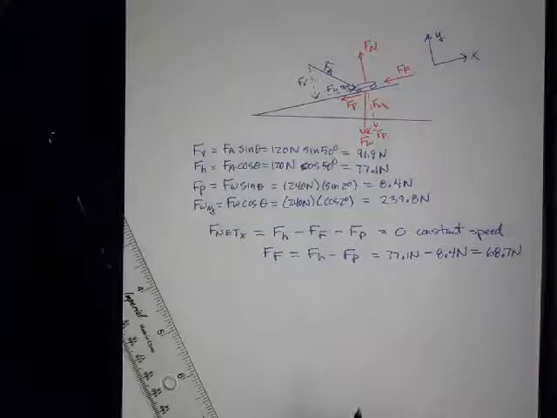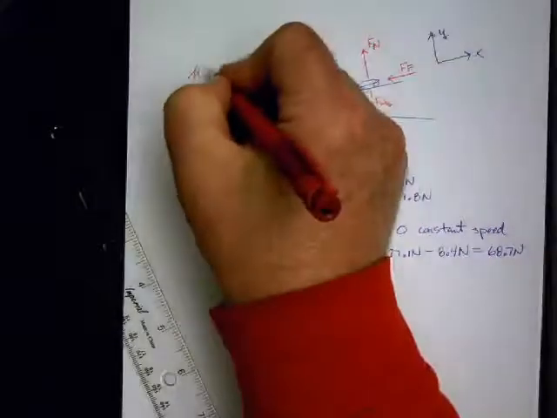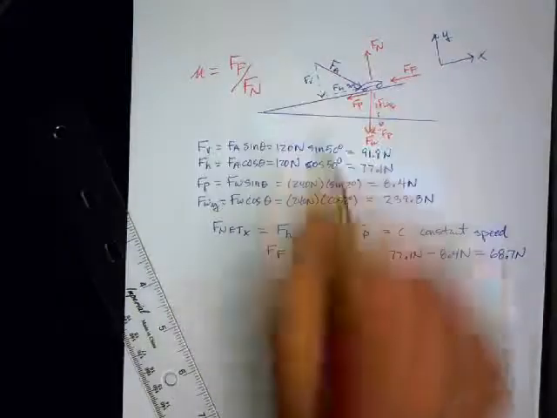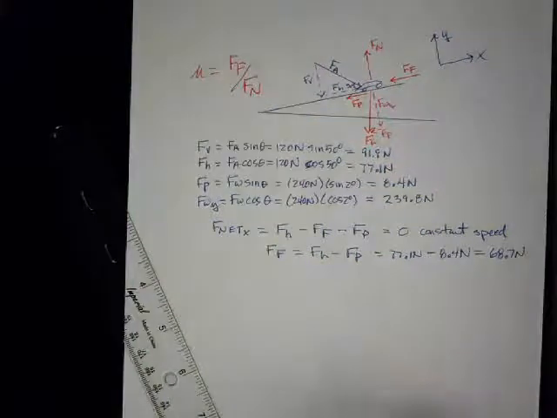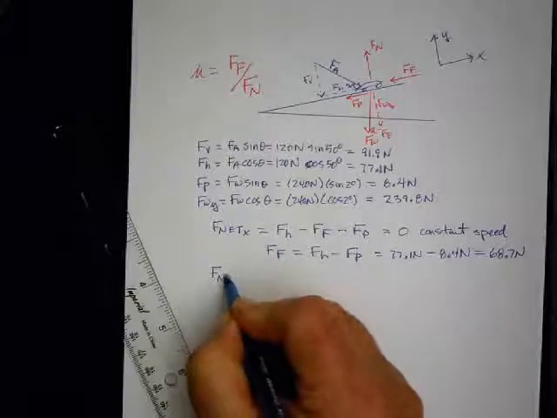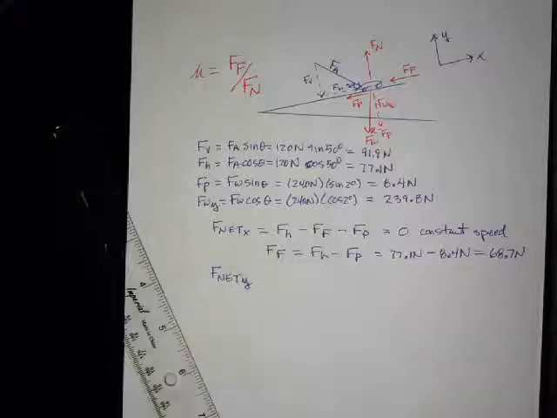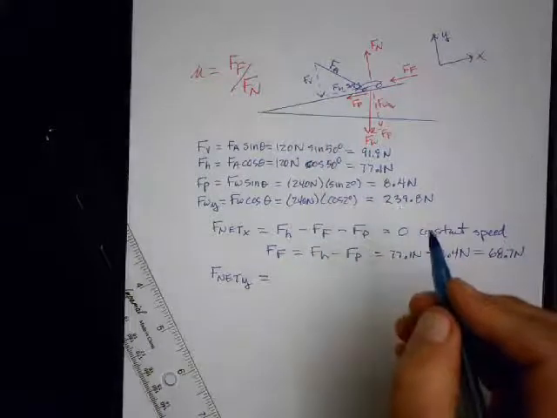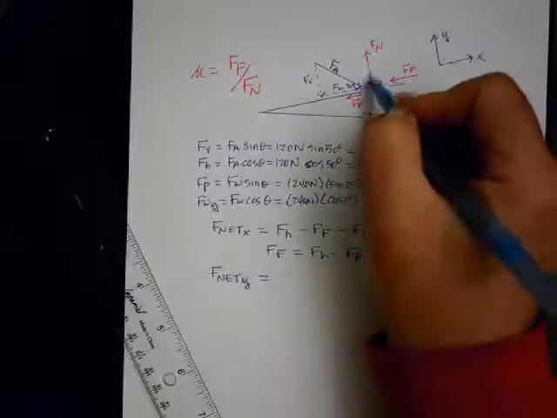That's where we're trying to get to. Well, now we got the FF part. I need to think in terms of the vertical. Well, what's going on in the vertical? Now, well, I have my Fn going up. My Fv is going down. And not Fw this time because I'm on a hill.